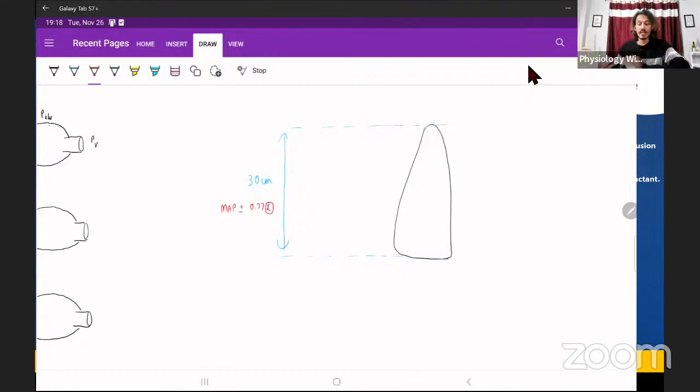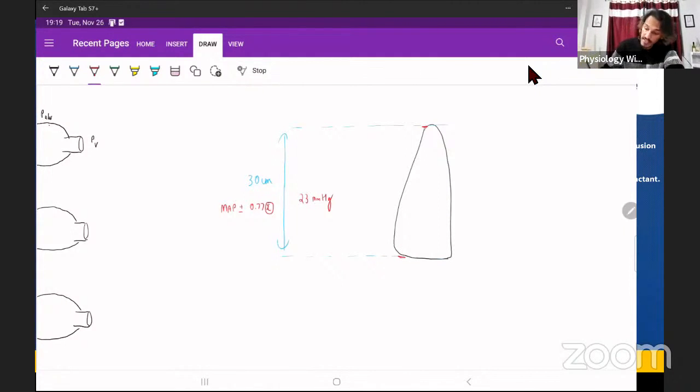Based on that, you will be able to calculate. So, for example, if you replace it by this 30 centimeter, you know that around 23 millimeter mercury of difference is there in the pressure from the top to the bottom.